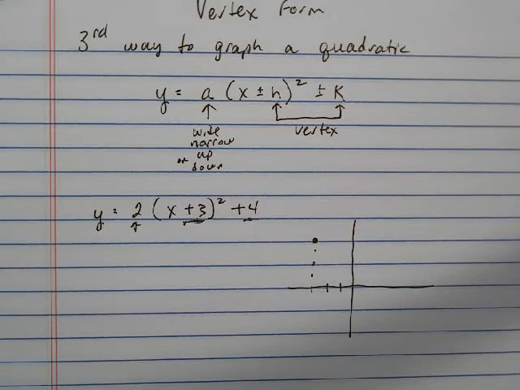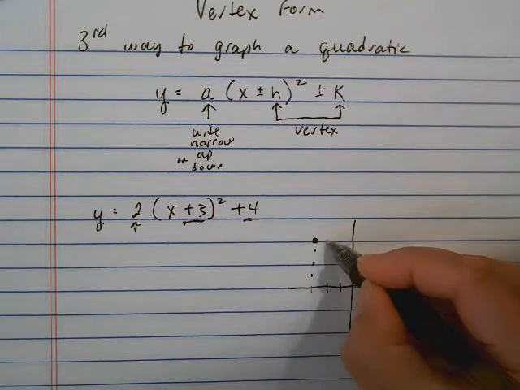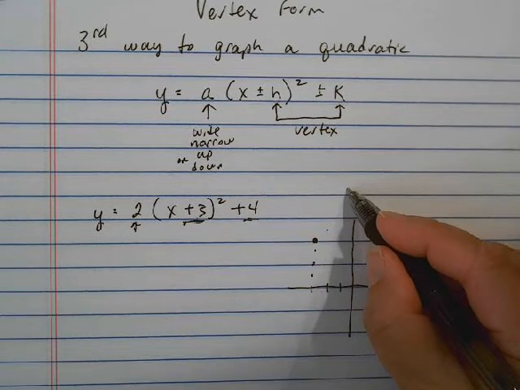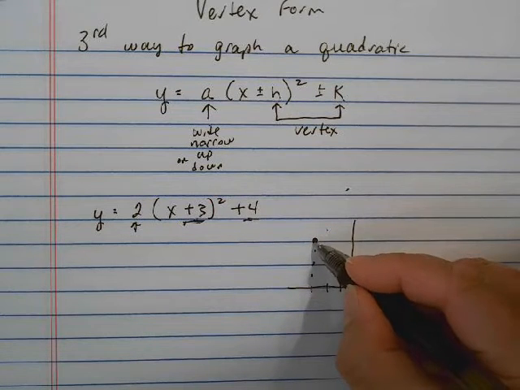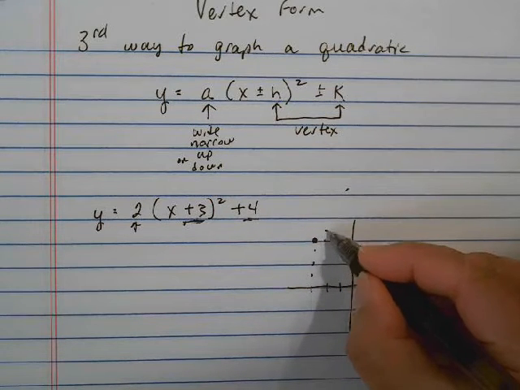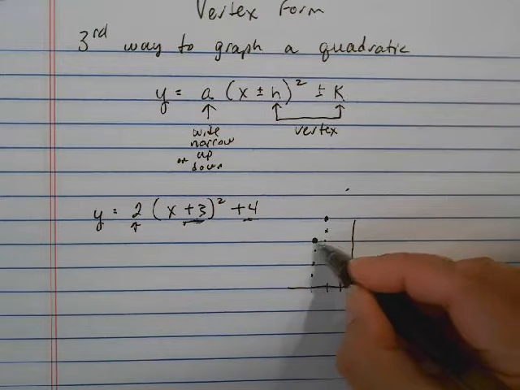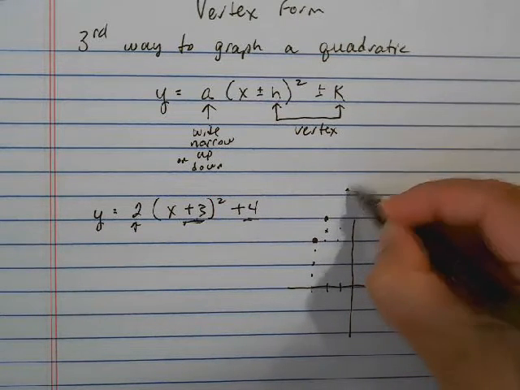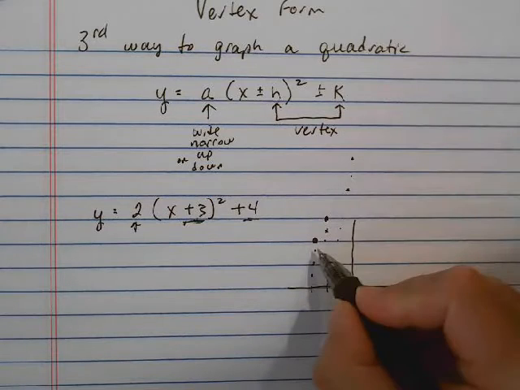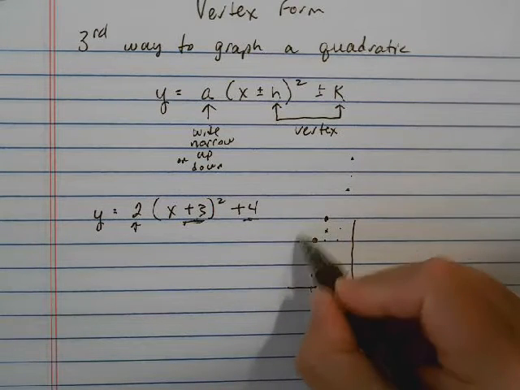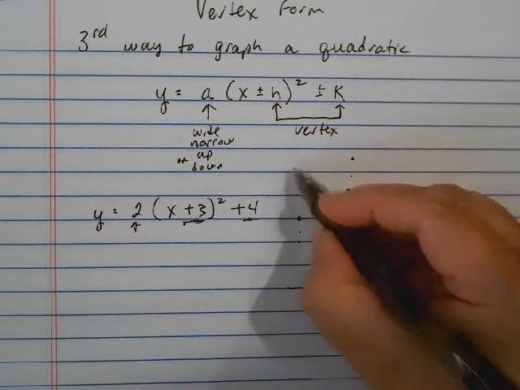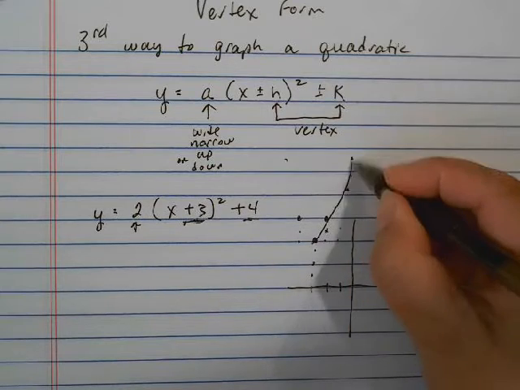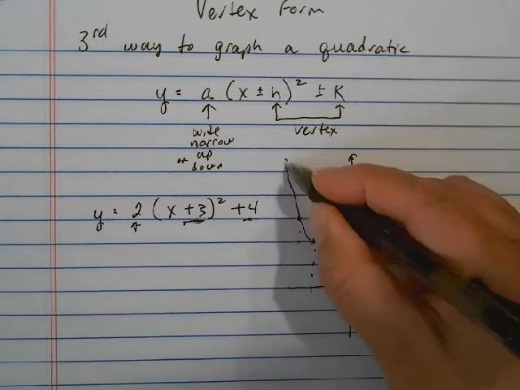So the parent function would normally go over 1, up 1, over 2, up 4, because it's a quadratic, but this time it's going to go over 1, up 2 times that amount. And instead of over 2, up 4, it's going to go up 4 times 2, so it's going to go up 8. So on the other side, I'm going to go over 1, up 2, over 2, up 8. So that parabola is going to look like this.